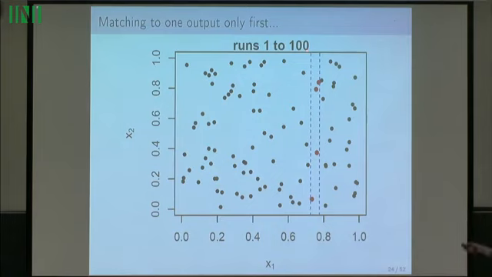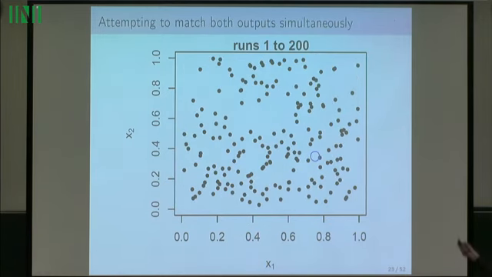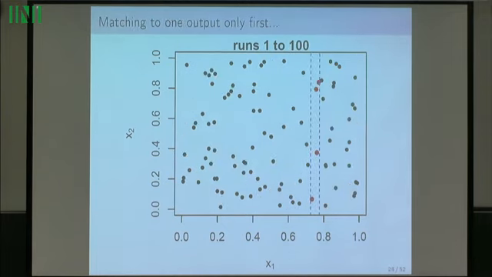It won't necessarily look like this; it might be a diagonal strip or some other region of space, but almost certainly it's going to be a larger space. Let's imagine it's 200 runs, and I don't get any hits. So I might do 100 runs, but now I'm only trying to match the one output, so it's easier to find hits, and I get a few hits here.